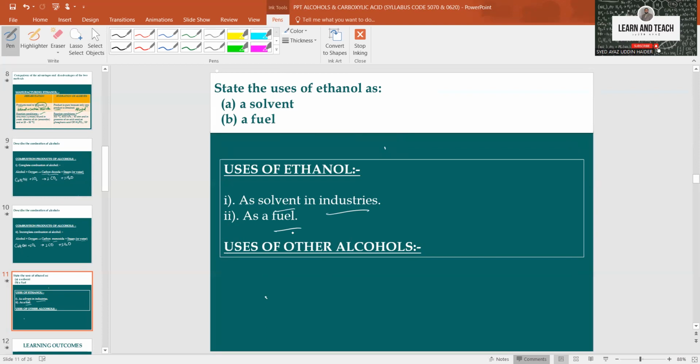So if in the exam they ask you to write down the uses of other alcohols, what you will do is simply write they are used as industrial solvents. So they all are usually used as industrial solvents. So you can straight away write industrial solvents.